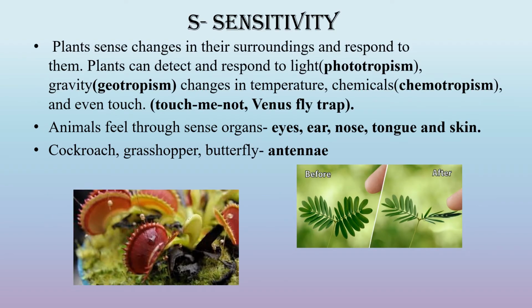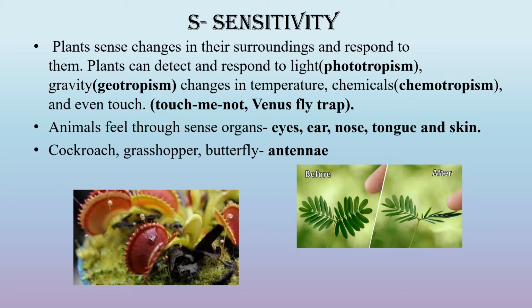The next letter in MRS GREN is S, that is sensitivity. Living things can feel changes. We feel changes around us, and in the same way animals and plants also feel changes around them and respond to their surroundings. When a plant moves towards light, we call it phototropism, that is responding to sunlight.